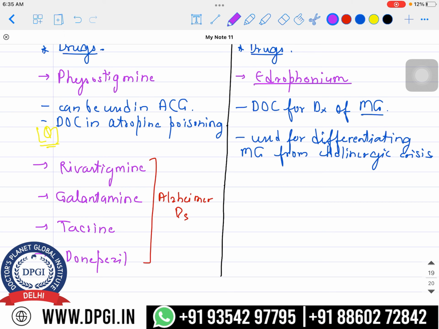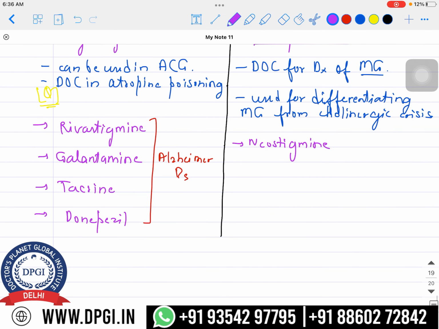If you talk about the next drug over here, that is neostigmine. As far as neostigmine is concerned, over here we are again talking about myasthenia gravis. Neostigmine can be used for treatment of myasthenia gravis. It can be used for reversal of non-depolarizing muscle relaxants.